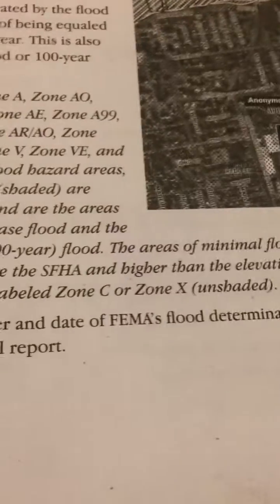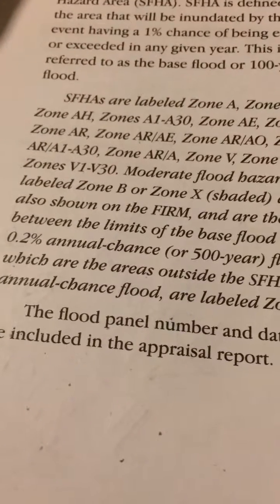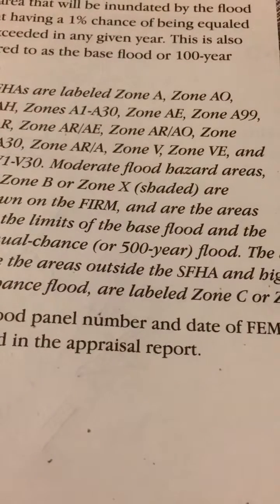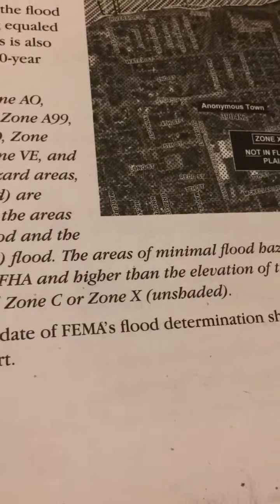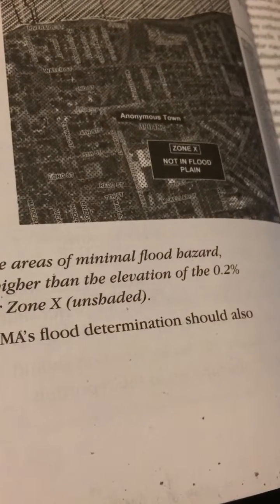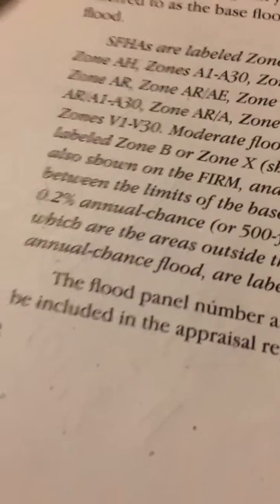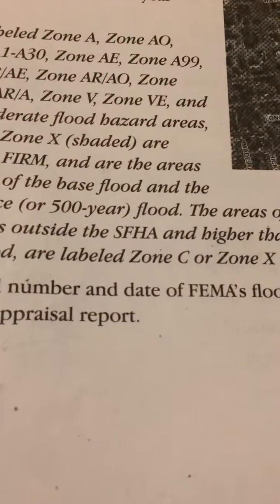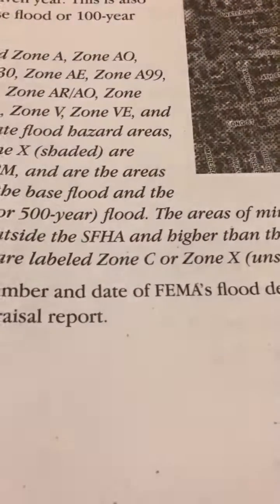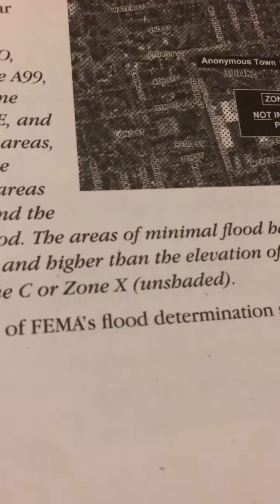The areas of minimal flood hazard, which are the areas outside the SFHA and higher than the elevation of the 0.2% annual chance flood, are labeled Zone C or Zone X unshaded.